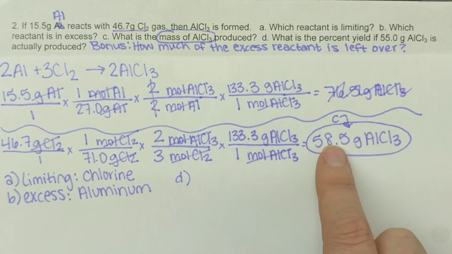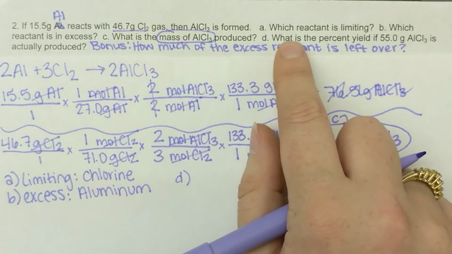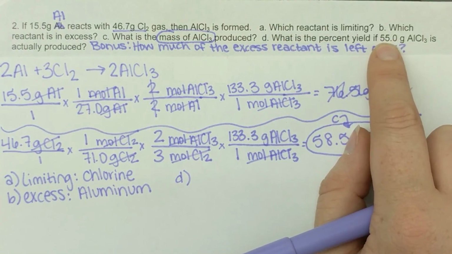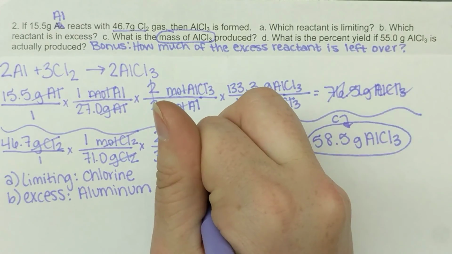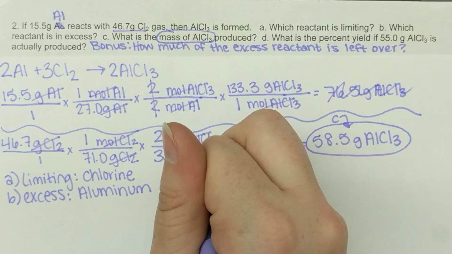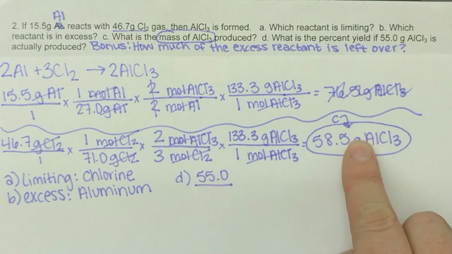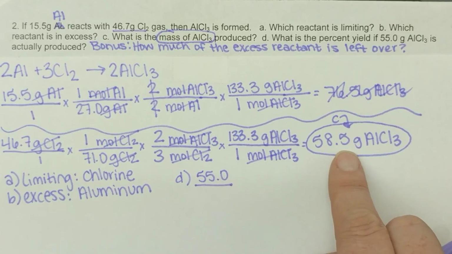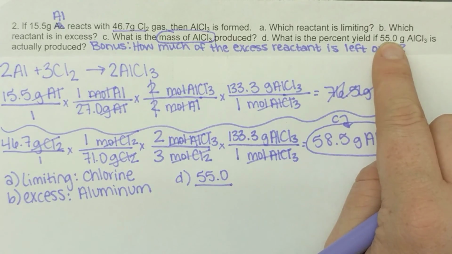Okay, so my percent yield equation, as you see higher up on your notes, is actual yield divided by theoretical yield times 100. They have to tell you the actual yield every single time, or else you're going to have to do a lab to figure it out. So 55.0 grams was actually produced, divided by the theoretical yield, which we calculate. Theoretically, I should have been able to make 58.5, but I actually only made 55.